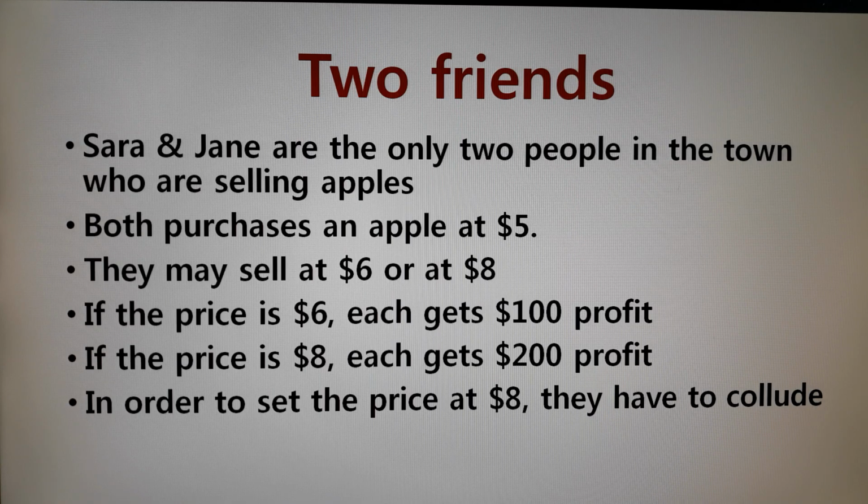What about increasing the price a little bit to something like 8? Then our daily profit would move from $100 to $200. That is a lot, Jane says. That sounds good. This kind of conversation is collusion. So the next day, they increase the price, and they begin to have a collusion.